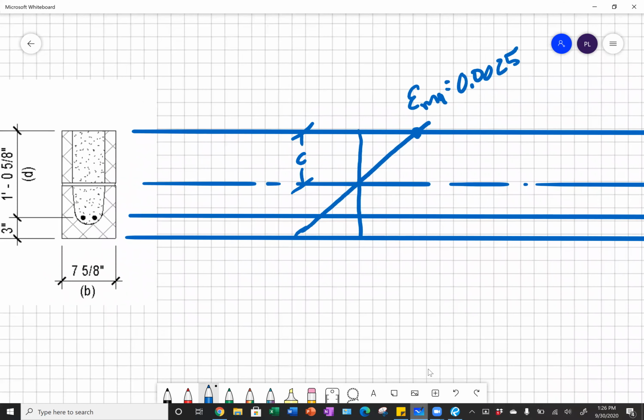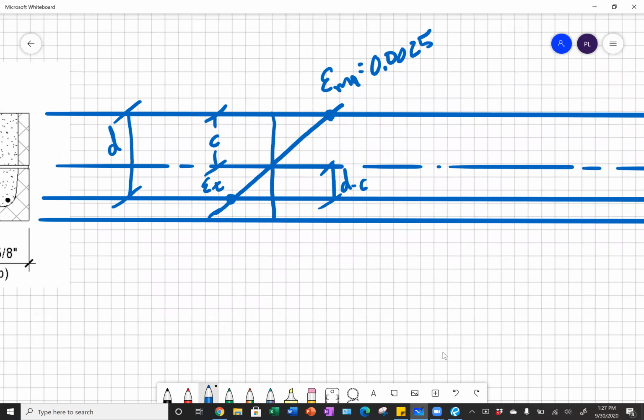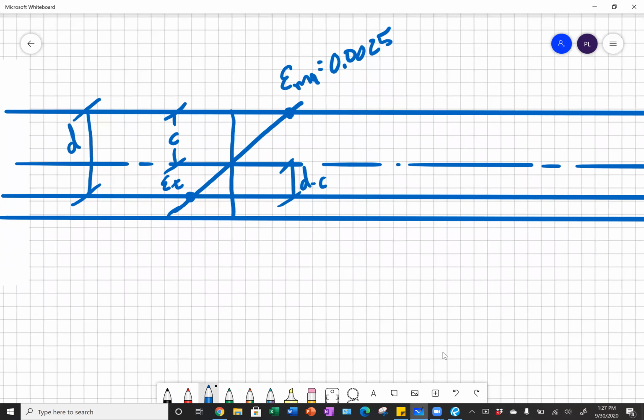And so we have that, and we have our strain in our masonry, and then we have our strain in our tension steel down here below. And this would be d from the top of our beam to the centroid of our reinforcement. And so this would be d minus c, this dimension. All right, so that's our strain diagram.